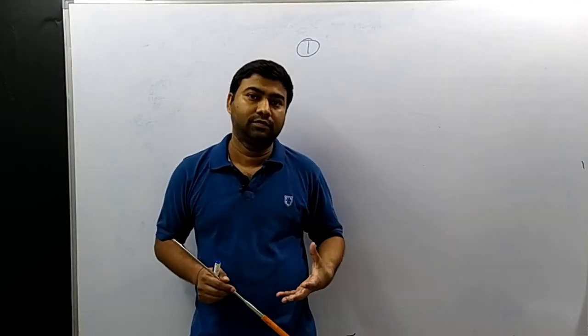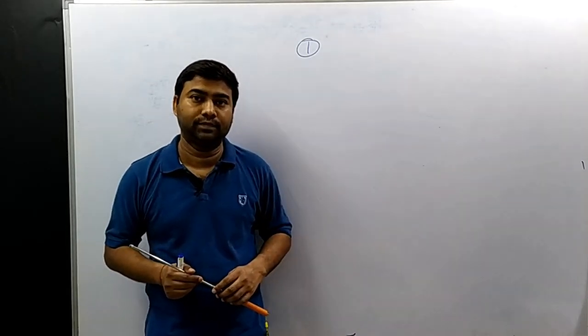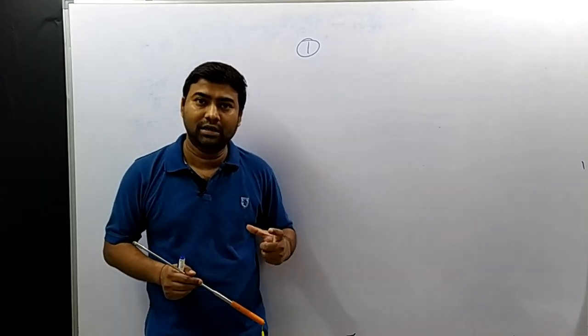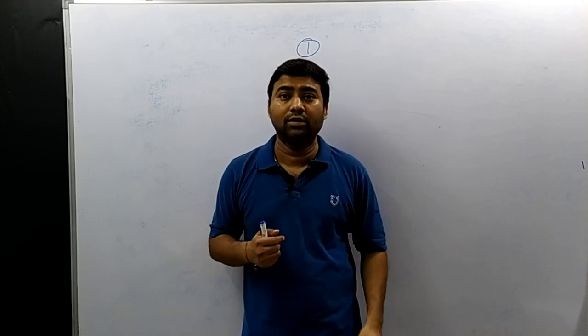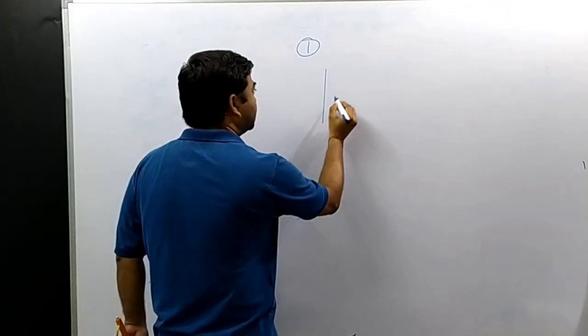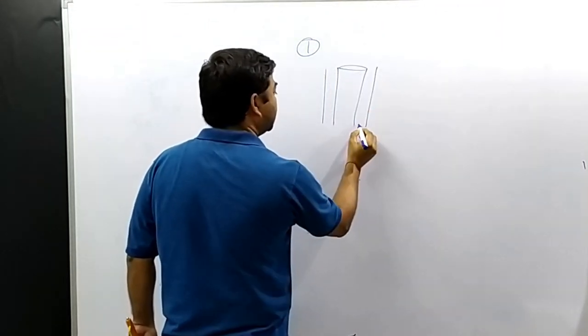In industries, we use load cells, that is load transducers, to measure and detect the force. Load cells are used to measure very heavy loads, heavy force, high quantity force. So we will just discuss the construction of a load cell for your basic understanding.